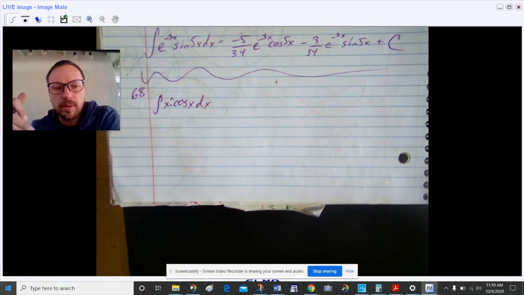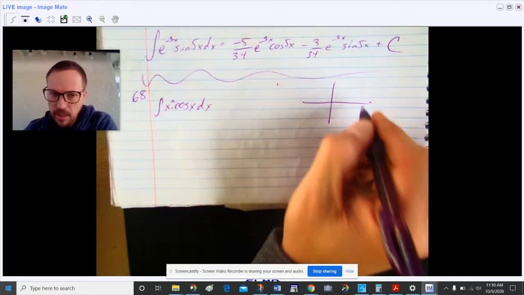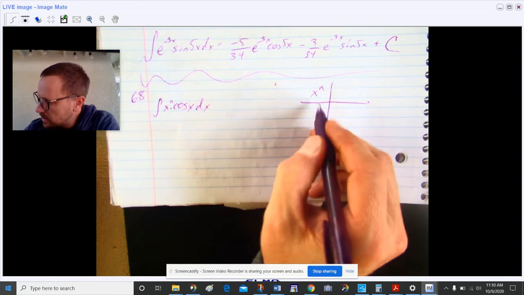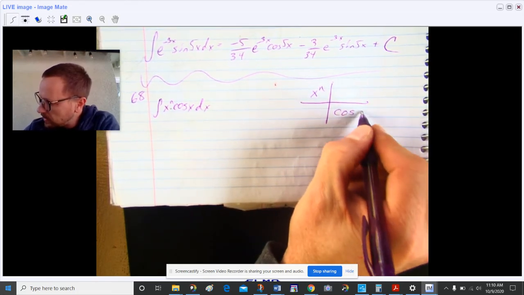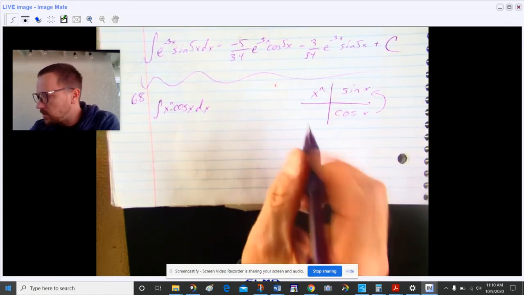And we want to remember the acronym to tell us which one to go first. So what should we make our u be? Let's make u equal x to the n. And then our v prime would be cosine of x. Well, that part is probably easy. What do you think about that?